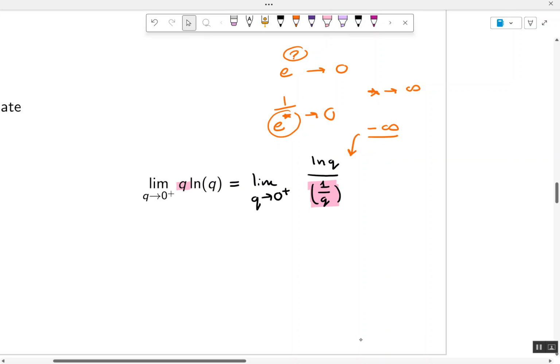And so this fraction right here is going to approach infinity, right? I have 1 divided by something that's shrinking and shrinking and shrinking. So 1 over tiny approaches infinity. So we now have an indeterminate form. We have confirmed that. So we can apply L'Hopital's rule.